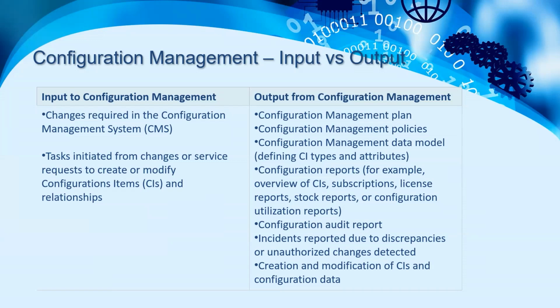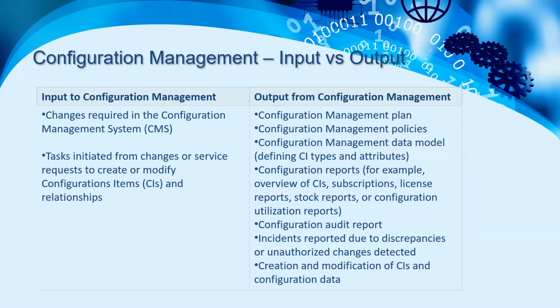Let's say you have laptops, systems, desktops, printers within your enterprise. You need to define the types properly. Then configuration reports, for example, overview of configuration items, subscriptions, license reports, stock reports, or configuration utilization reports.